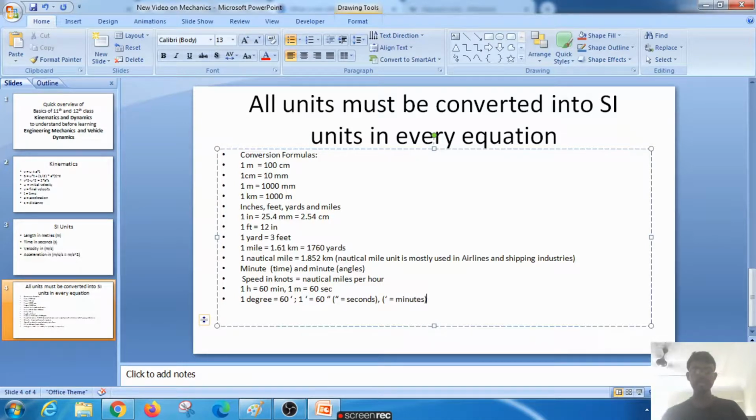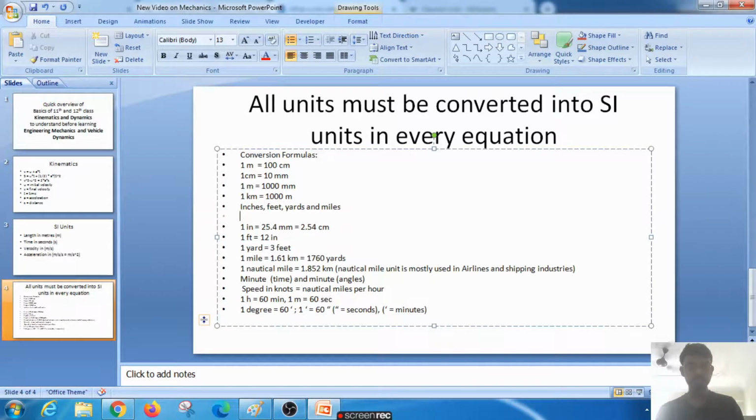And again, in inches also, if it is a single apostrophe, it means feet, and if double quotes, it means inches.